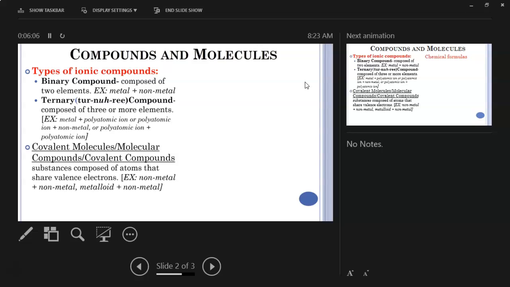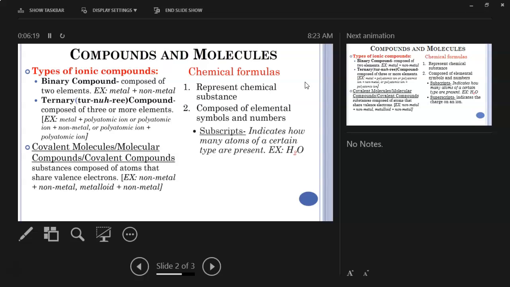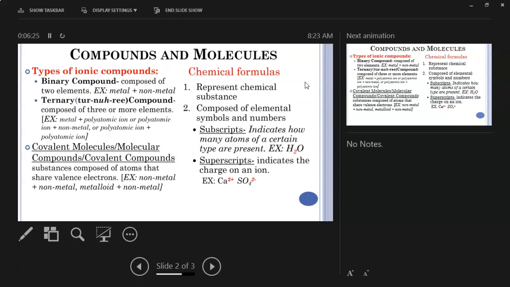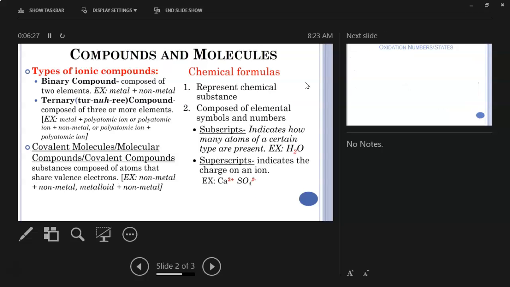Now, when we're dealing with both types of compounds, and you guys have already been exposed to it, we're very much going to be dealing with chemical formulas. And this is information that we talked about briefly, I think, chapter 1. But we're actually going to be dealing with chemical formulas starting tomorrow.